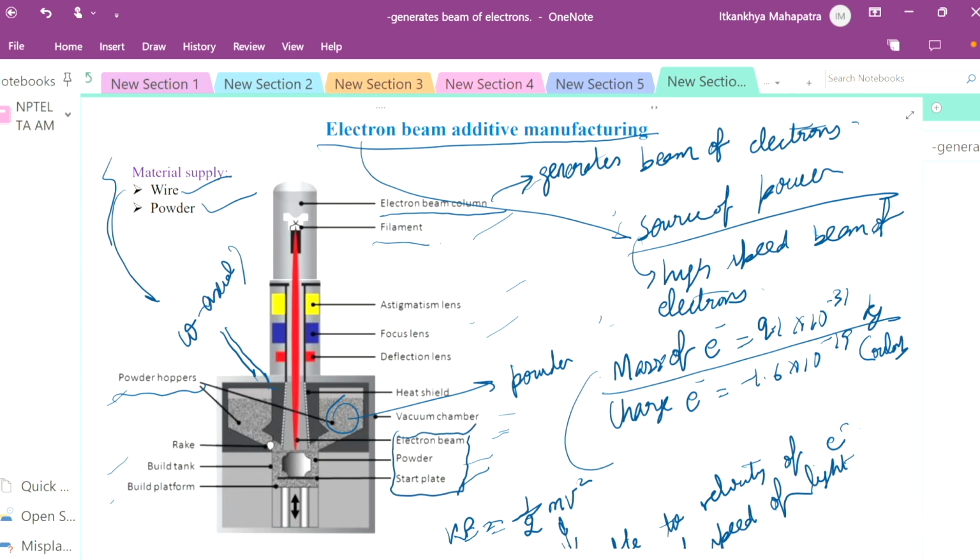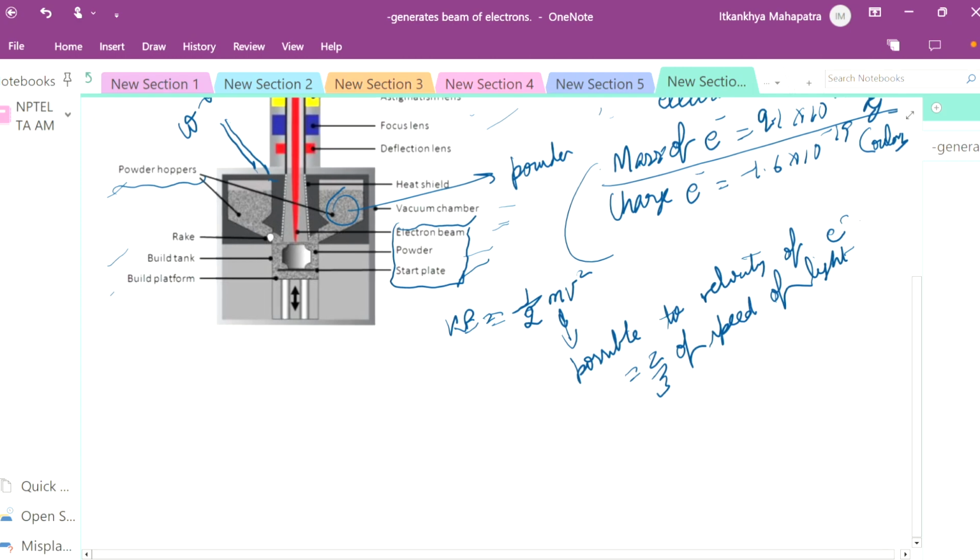Now the portion which we have highlighted, electron beam, powder, start plate, was also in your laser powder bed fusion (LPBF) process. What is the difference between LPBF and EBM?